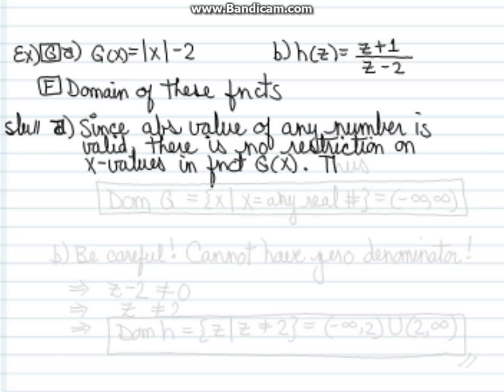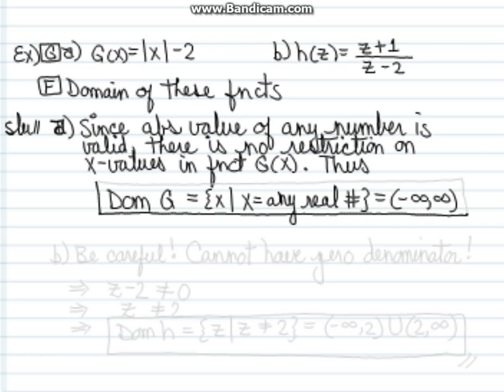So the domain of g is the set of all real numbers x, such that x equals any real number, because we put no restrictions on x. In interval notation, that would be open bracket, negative infinity to positive infinity, open bracket. Any real number.